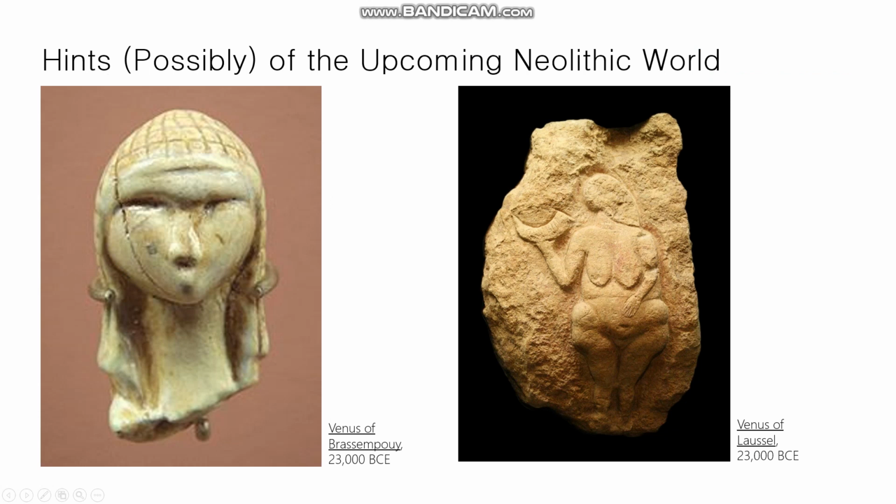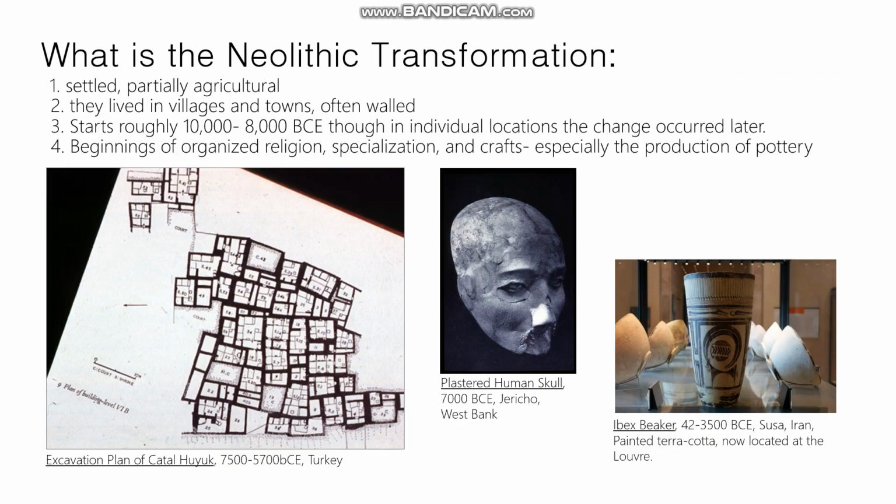Whereas the Venus of Laussel seems more tied to these other Venus figures, but she's carved in this flat relief, and she also is carrying something. See, she has this horn, and the pairing of a bull's horn with the crescent of the moon seems to be a repeating theme that we see at the end of the Paleolithic, all the way through the Neolithic and into early civilization.